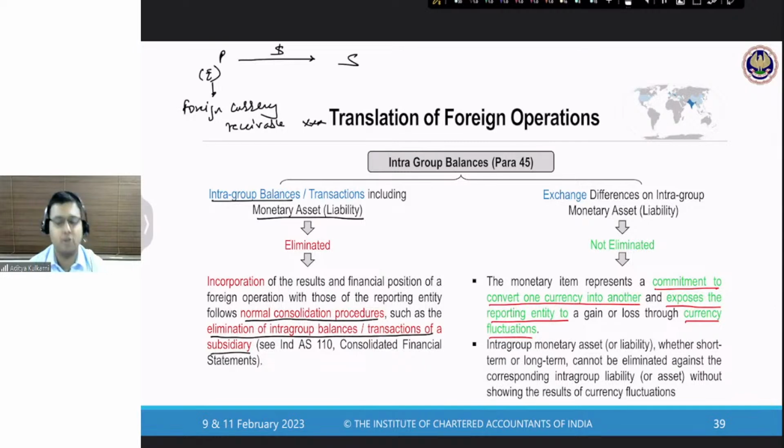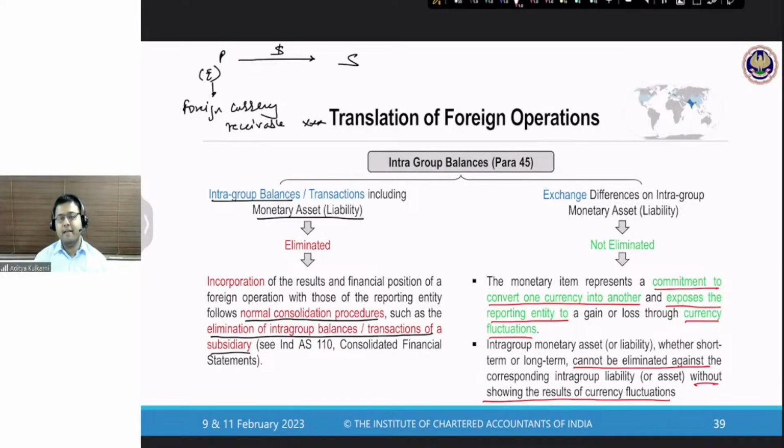So an intra-group monetary asset, whether long-term or short-term, cannot be eliminated without showing the results of currency fluctuations.